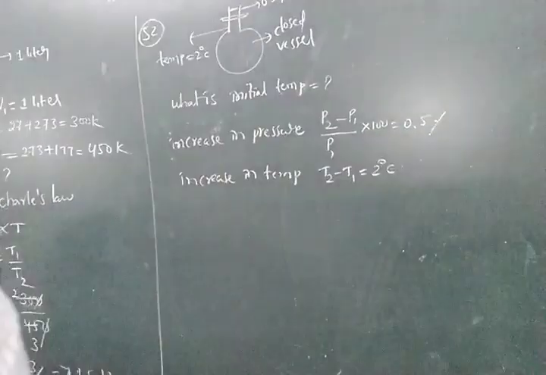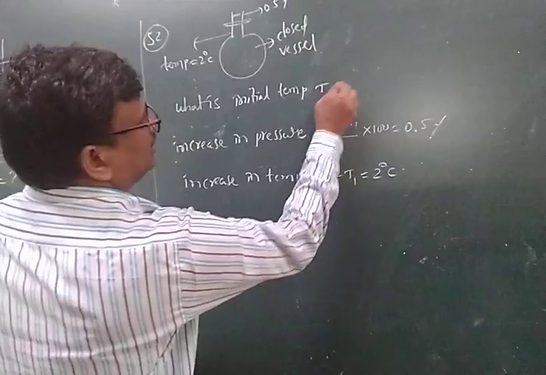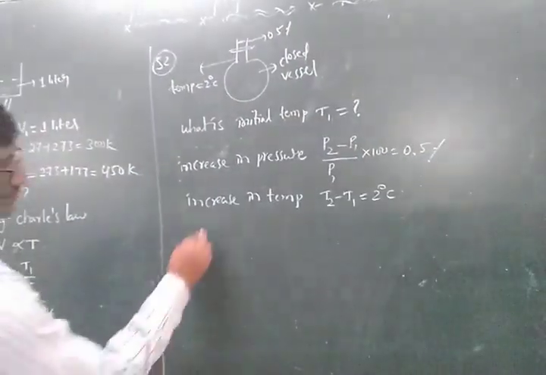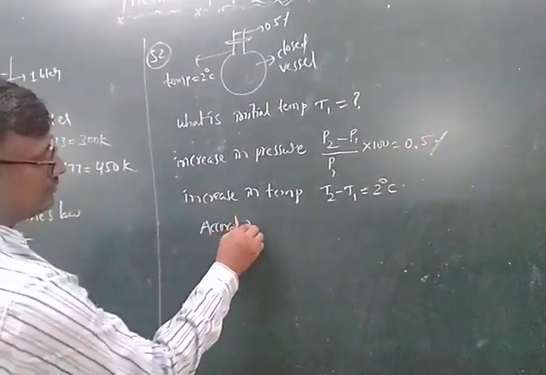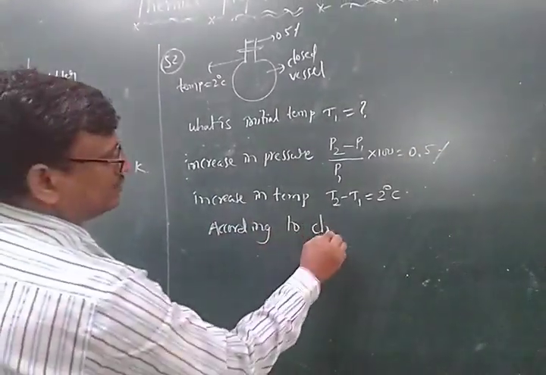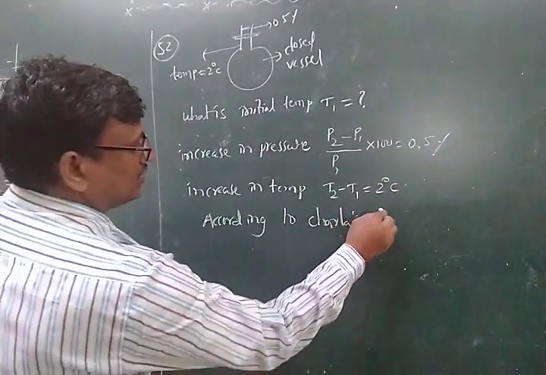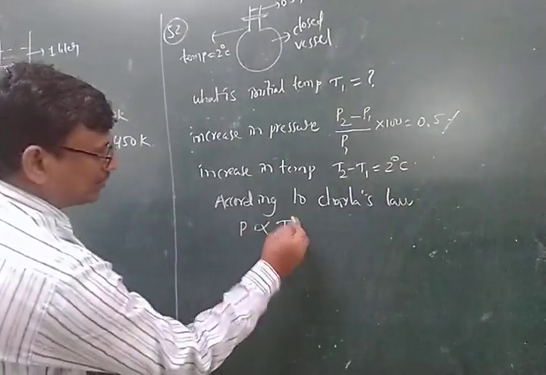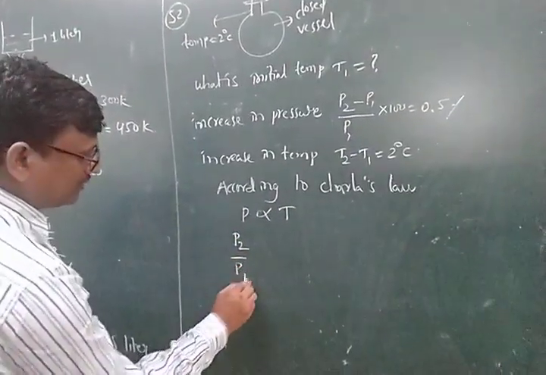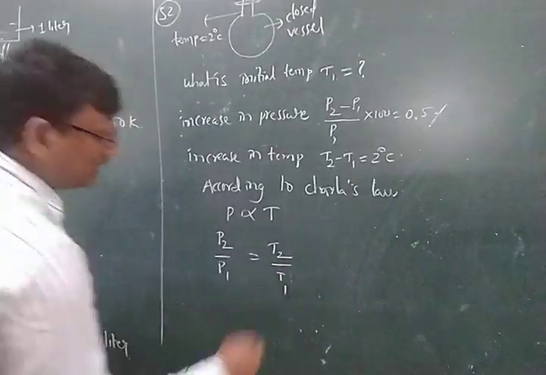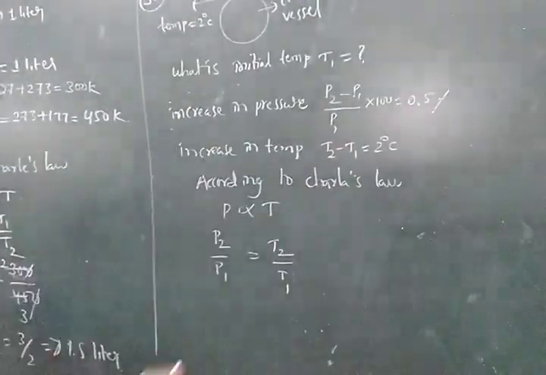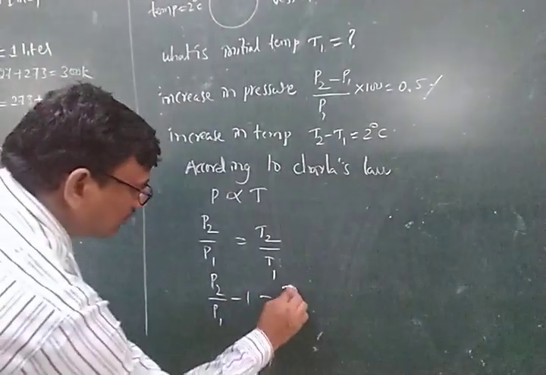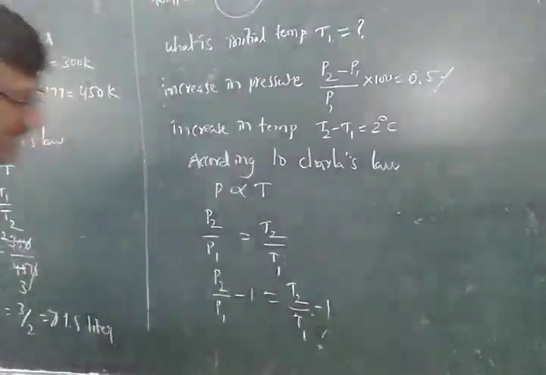Then find out the initial temperature T1. According to Charles law, the pressure is directly proportional to temperature. P2 by P1 is equal to T2 by T1. Taking the minus 1, we can write P2 by P1 minus 1 is equal to T2 by T1 minus 1.